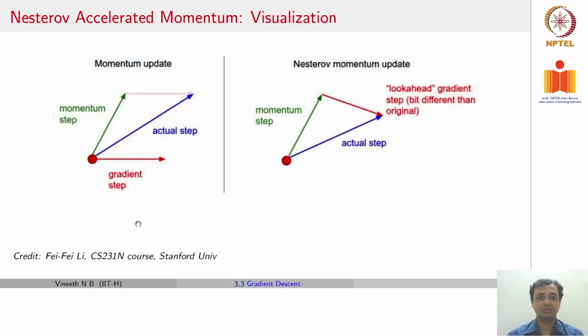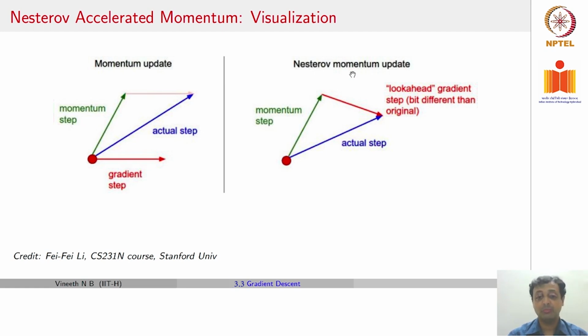Here is a visualization of how momentum and Nesterov momentum differ. So you can see here in the momentum update that momentum-based gradient descent is a combination of two vectors. The momentum step, which is the direction in which you have been traversing, and the gradient step, which is what the current gradient is telling you to do. And your actual step is a weighted addition of these two vectors, which is perhaps going to tell you the step that you have to take now.